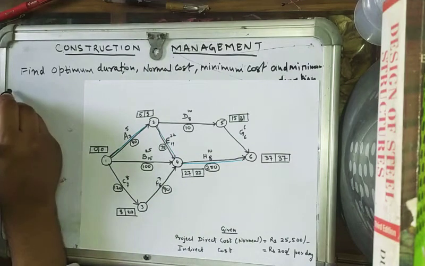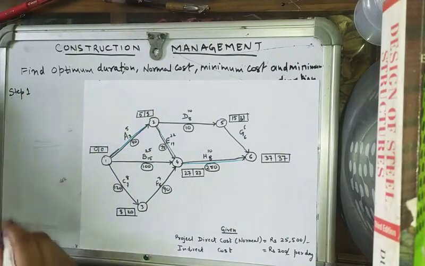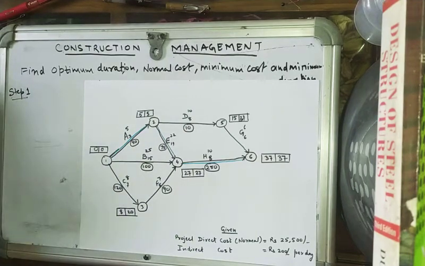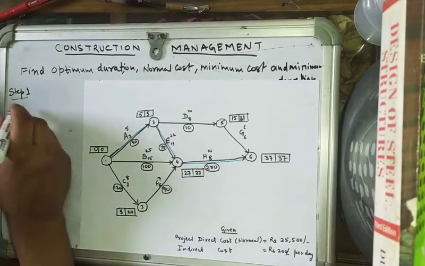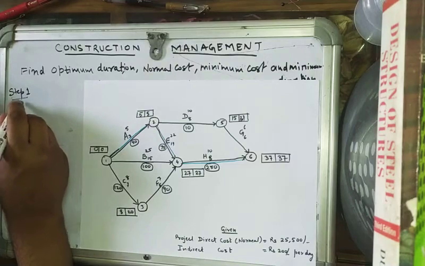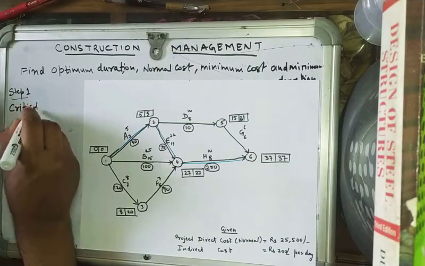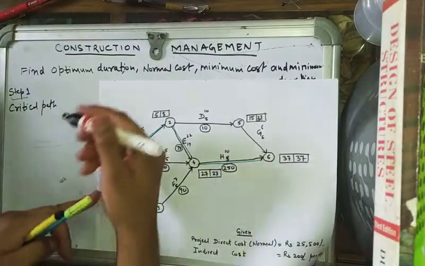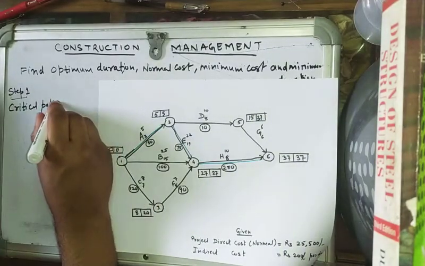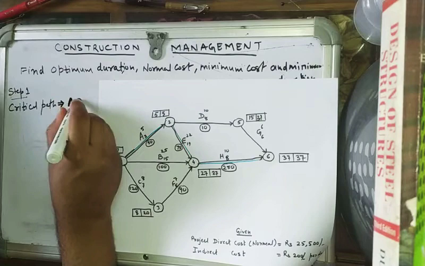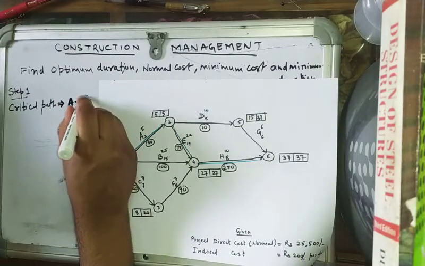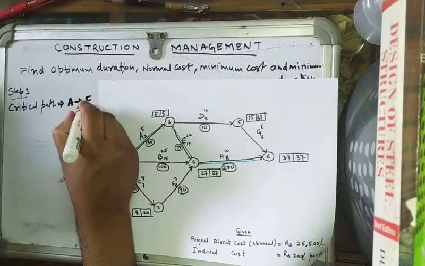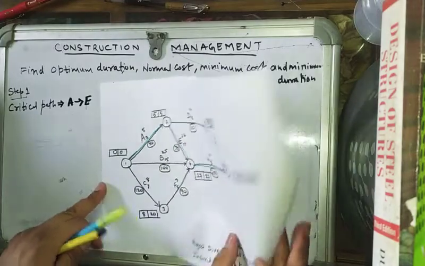So the first step was finding the critical path, which is A, E, H.